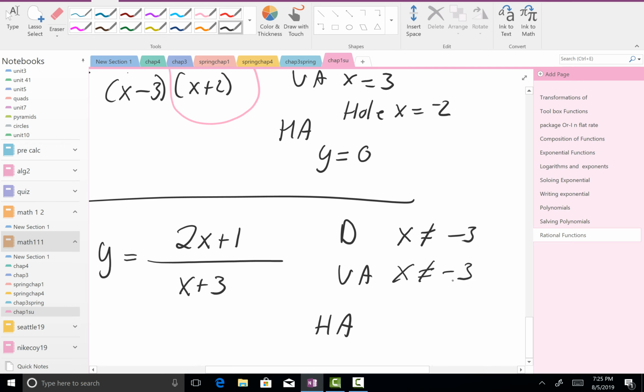Now let's look at this one. So go ahead and graph it and see if you can figure out what the horizontal asymptote is. Toss it in, see if you can figure out what it is. How about 2?